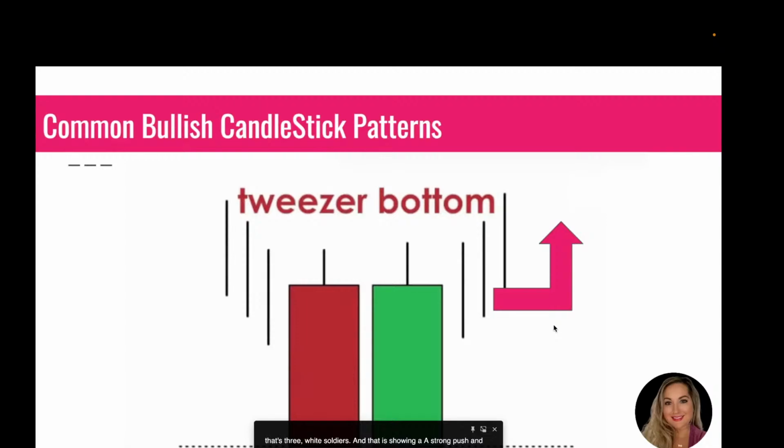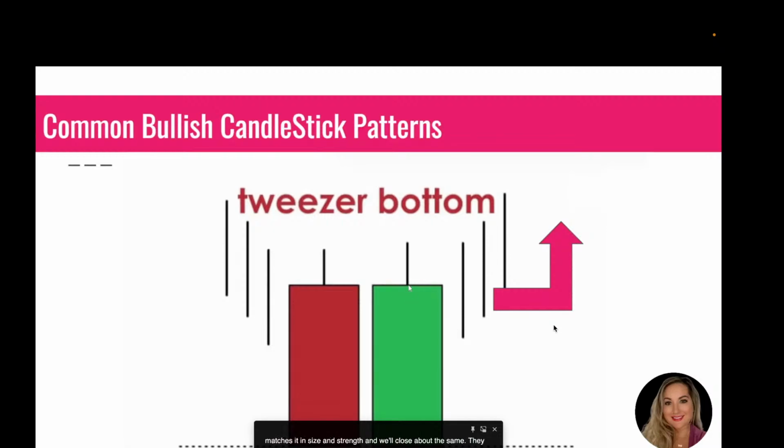Tweezer bottom is another thing you will see, where you will have 2 of the opposing color candles next to one another. So in this example for a bullish, you would be looking at a bearish strong candle, hits the same price point here, and then the opening of the bullish candle is where the close was of the bearish one, and then it literally matches it in size and strength and will close about the same.